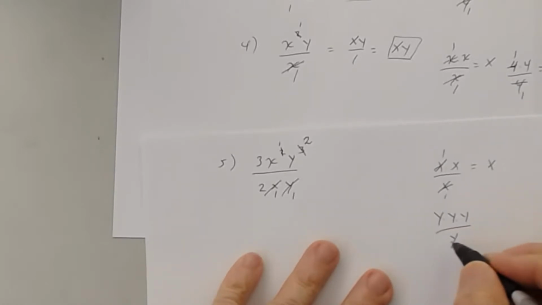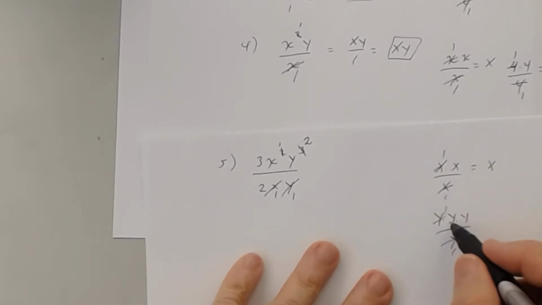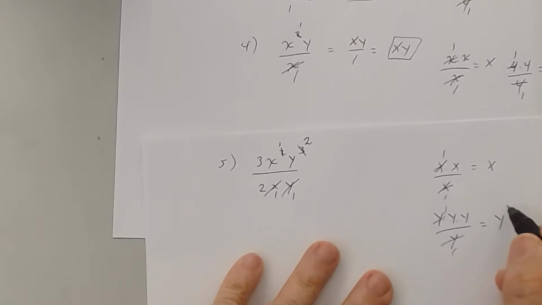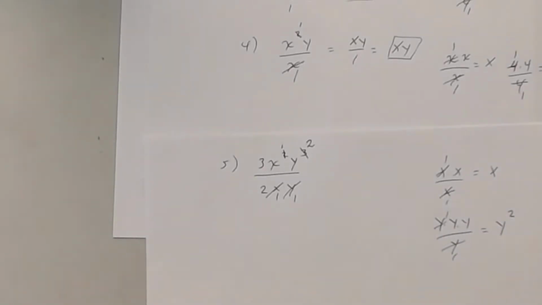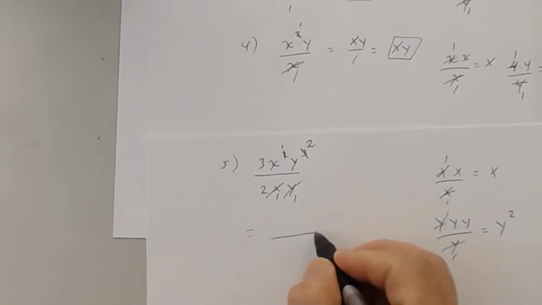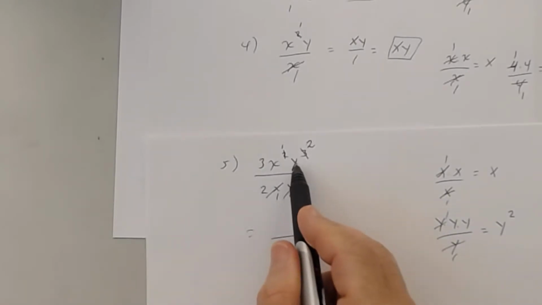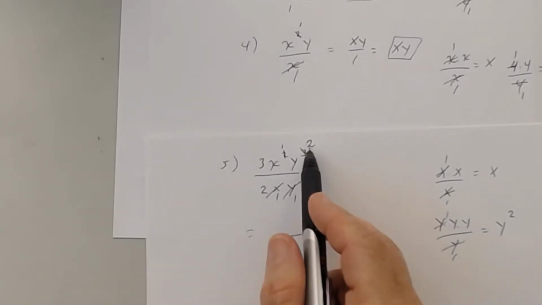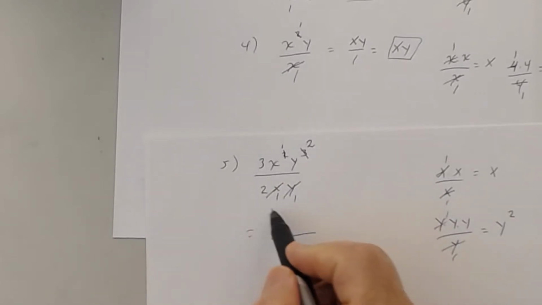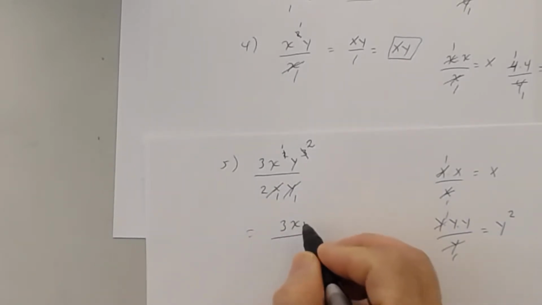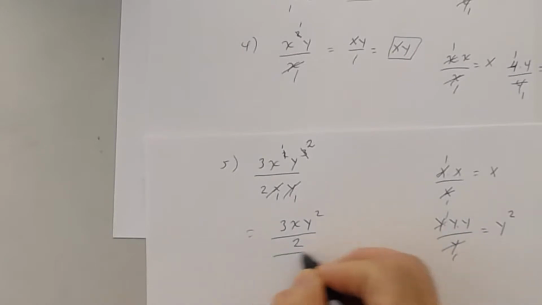Y. So one of these divides out and you're left with y times y, which is y squared. Okay? All right, so what's going to be the answer then? 3xy squared divided by 2.